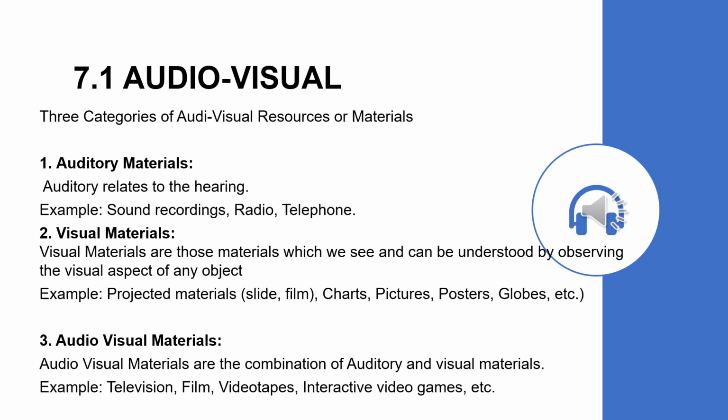Visual materials. Visual materials are those materials which we see and can be understood by observing the visual aspect of any object. Examples: projected materials, slides, film, charts, pictures, posters, globes, etc.